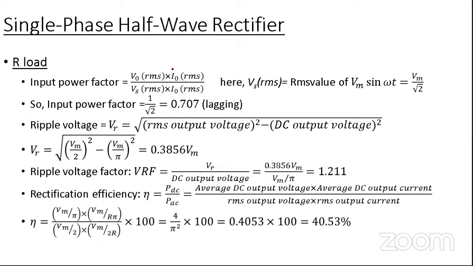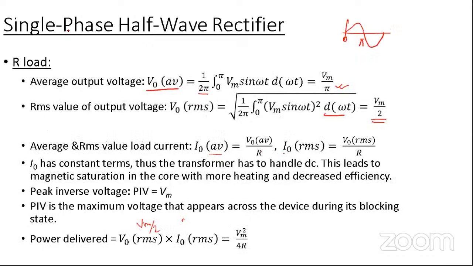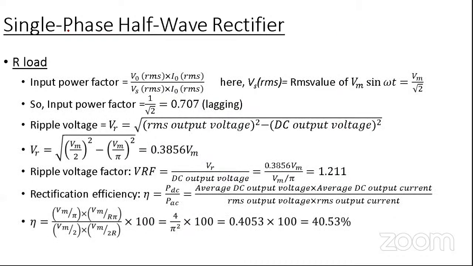If you replace all the values: V0 RMS is Vm by 2, I0 RMS is Vm by 2R, and Vs is Vm by root 2, with the current being Vm by 2R.